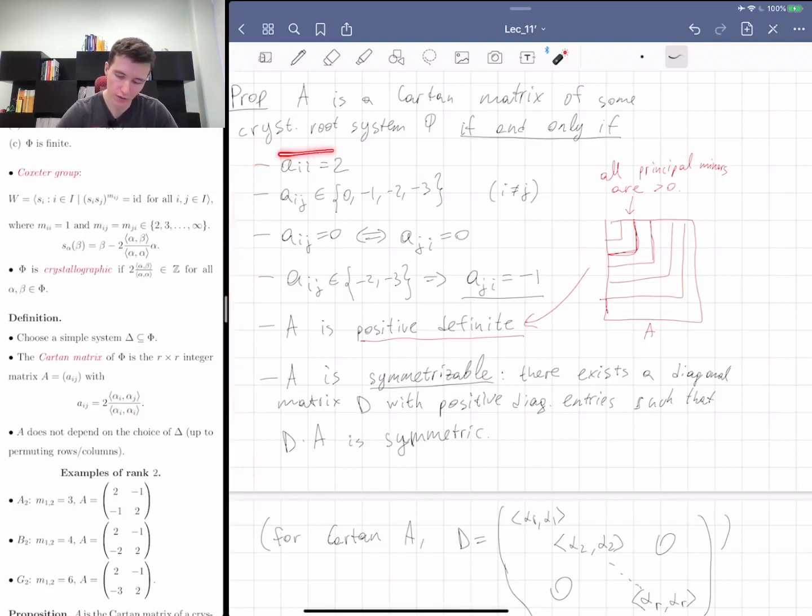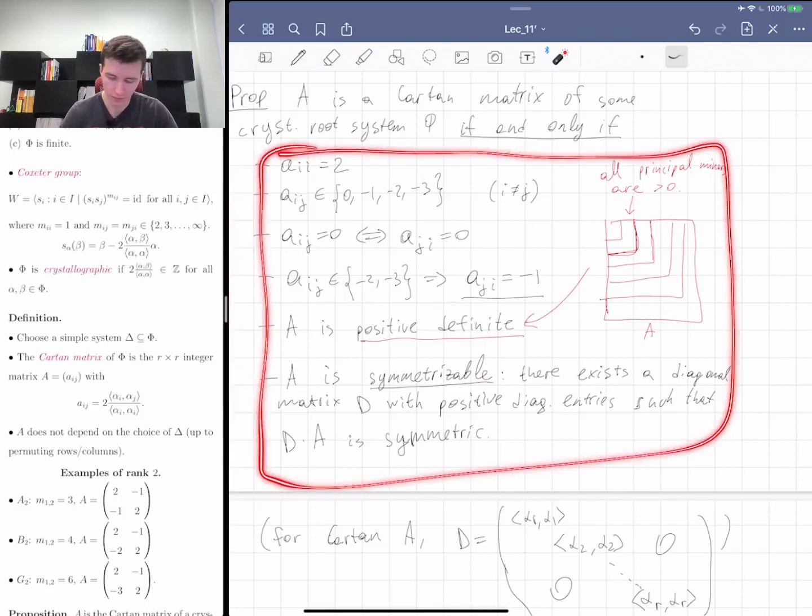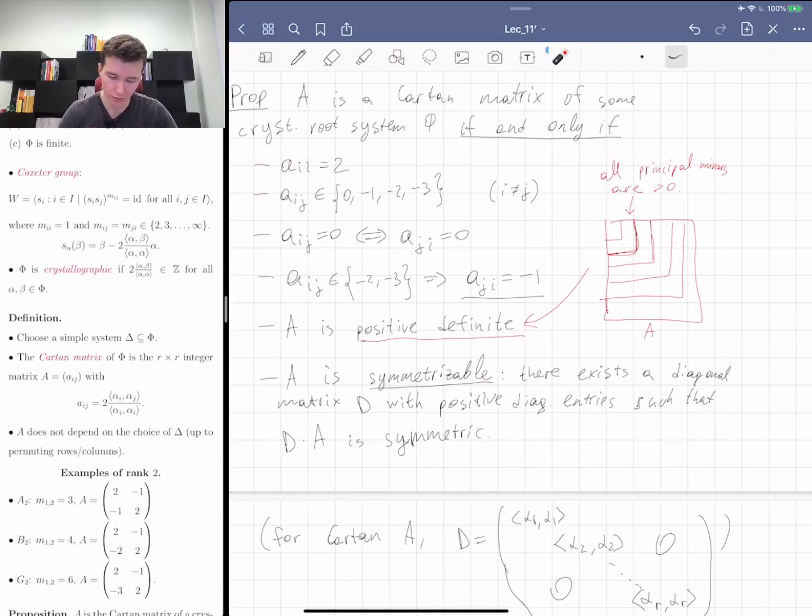You just need to find all matrices satisfying these conditions, go through all possible options, and check that the result is positive definite and symmetrizable. That still doesn't seem completely trivial, but we're actually going to classify them pretty soon.